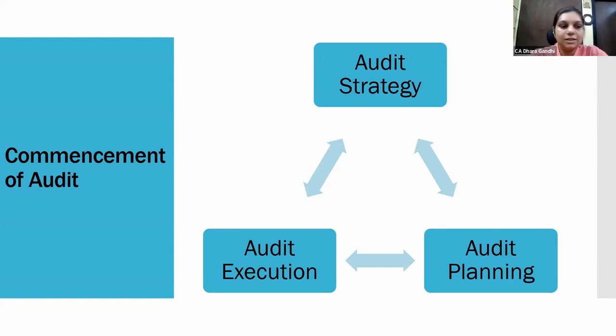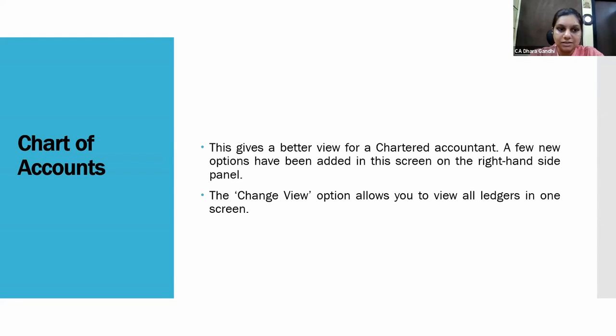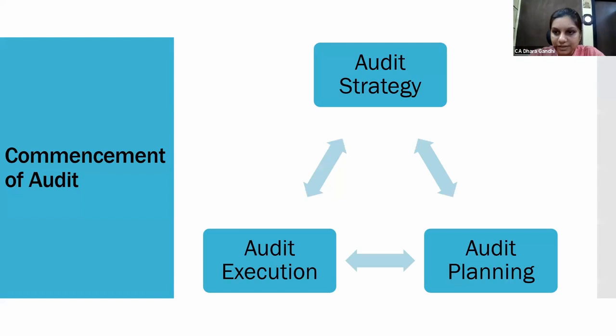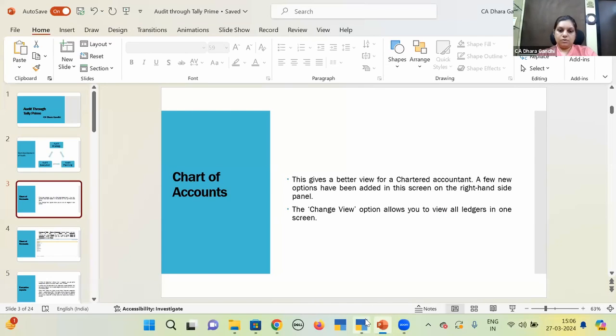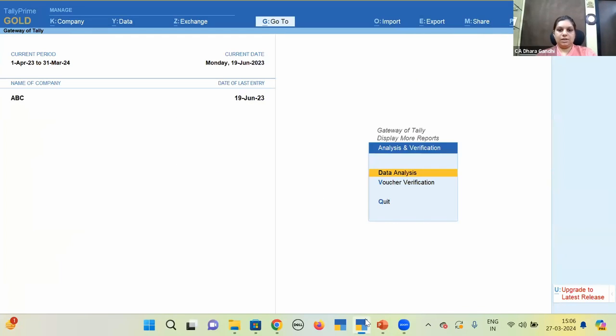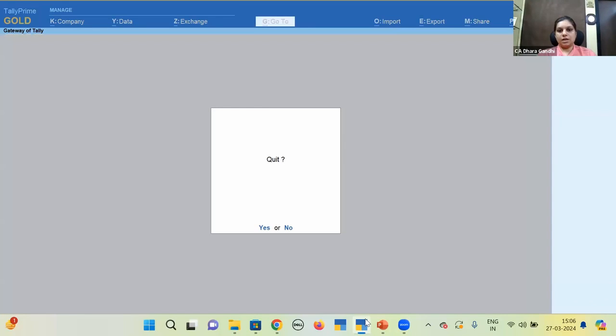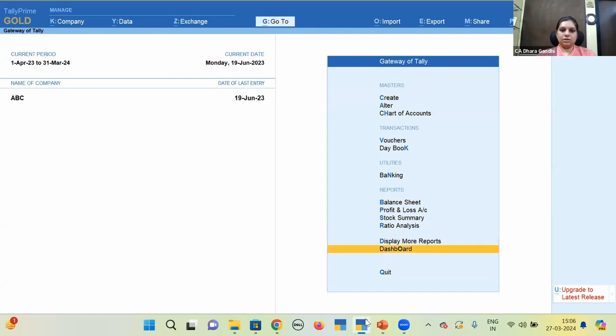While running the Tally, the first thing we check is the number of ledgers in the client's Tally. Some basic things are like what are the negative ledgers, negative stock. So the first thing we go through is the chart of accounts. If I run through this Tally, chart of accounts can be seen on the dashboard, on the Gateway of Tally itself.